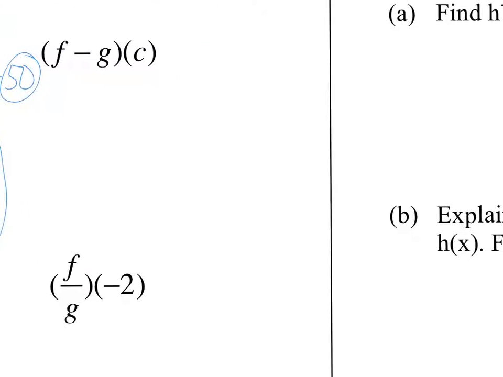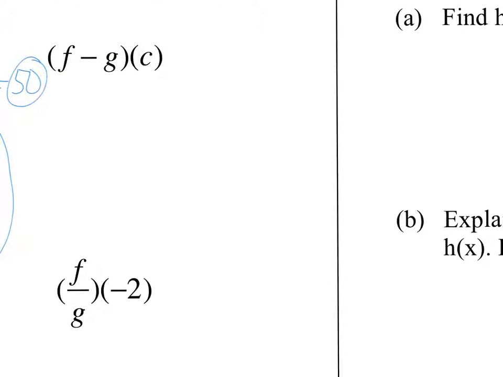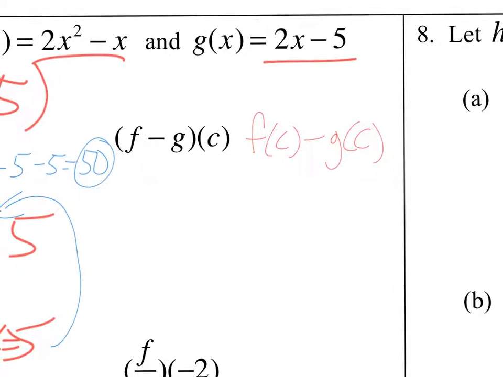For the second one, I'll go horizontally. F minus g of c really means f of c minus g of c. And all that really means is that we're plugging c in instead of x.